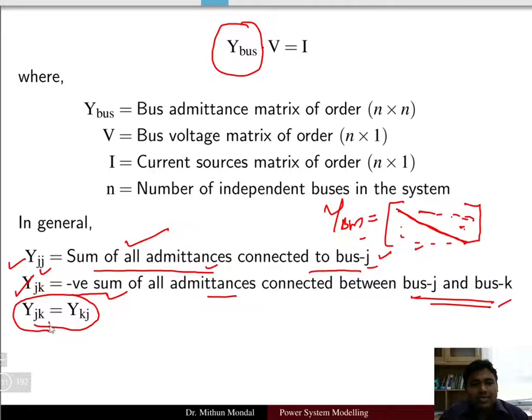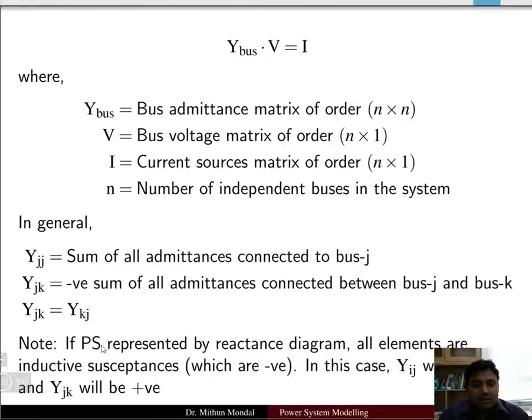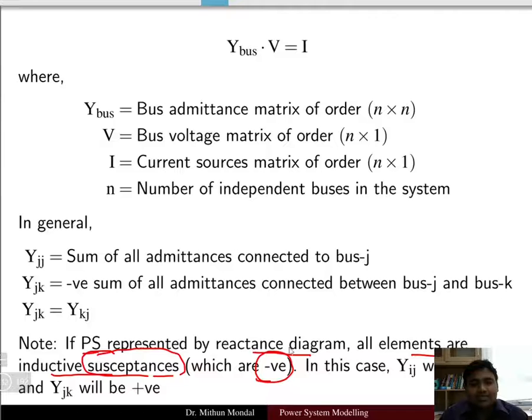One note: if a power system is represented by a reactance diagram, all the elements are inductive susceptances, which are negative. In this case Yjk will be negative and Yjj will be positive.